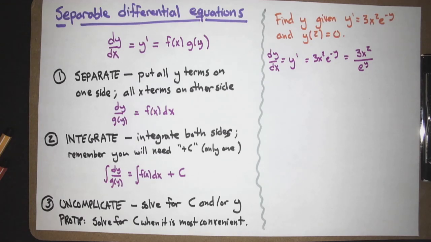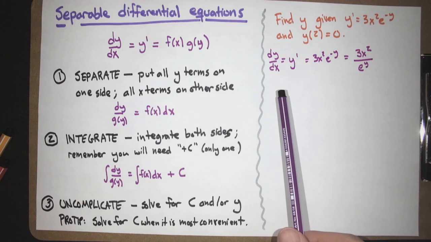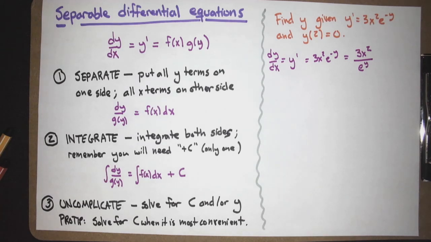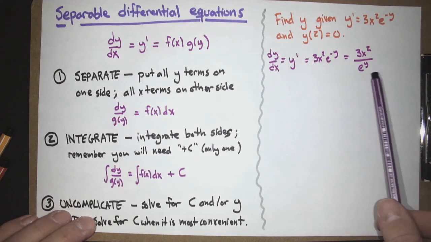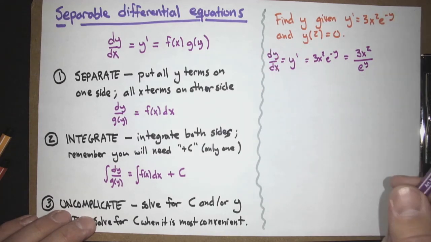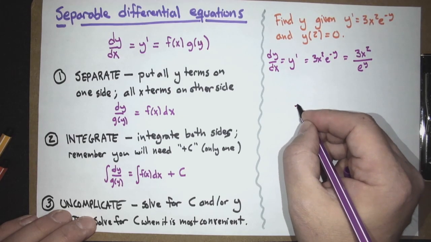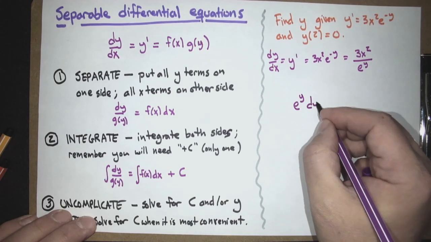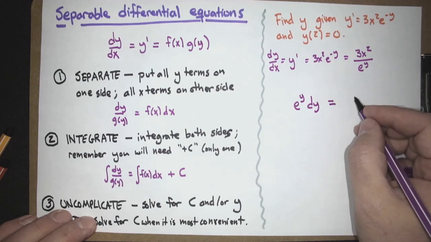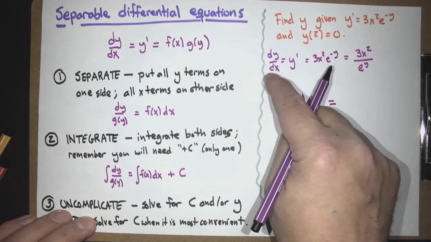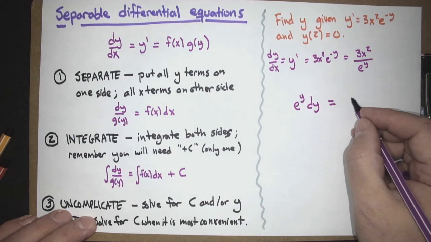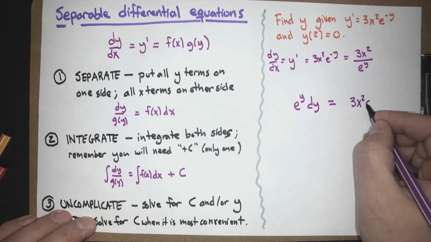Okay, so separate. Let's put all the y stuff on the left-hand side. What do we have? So you move the stuff with y's across. On the left-hand side, we get e to the y dy equals, move the x stuff, 3x squared dx.